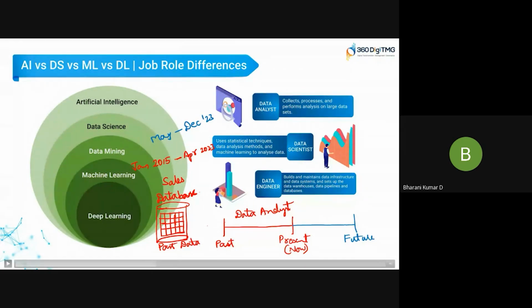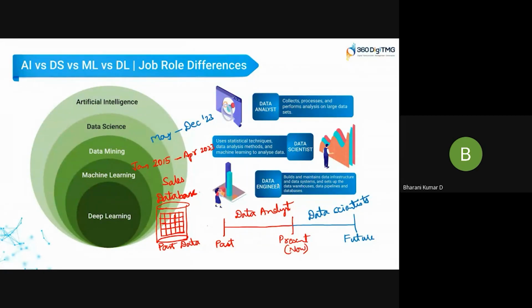People who talk about the future and people who forecast or predict the future would be called data scientists. And people who work in this profession called data science are called data scientists. So data scientists work in the field of data science. A data analyst works in the field of data analytics.